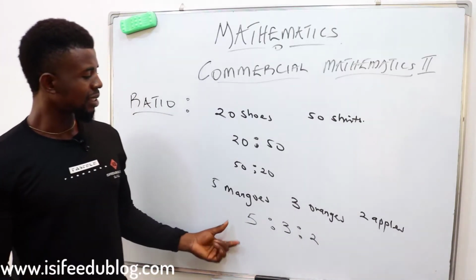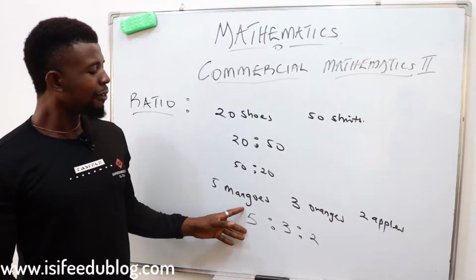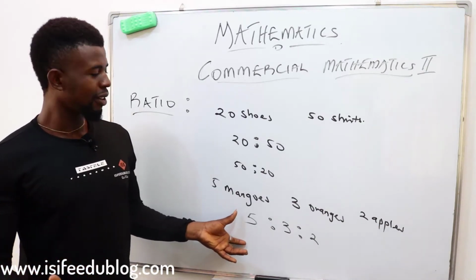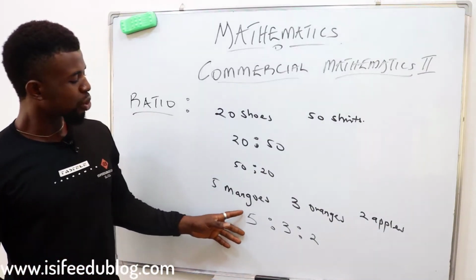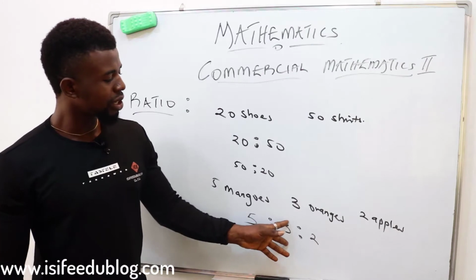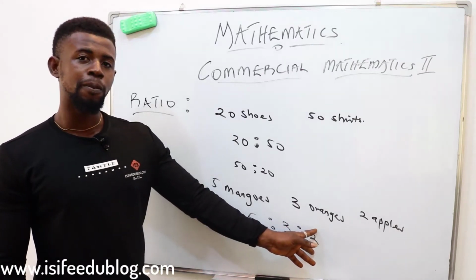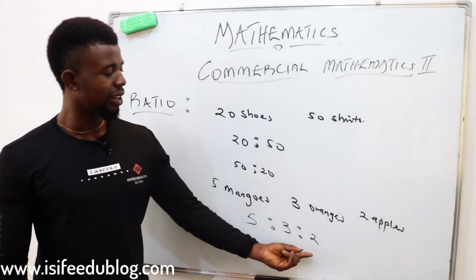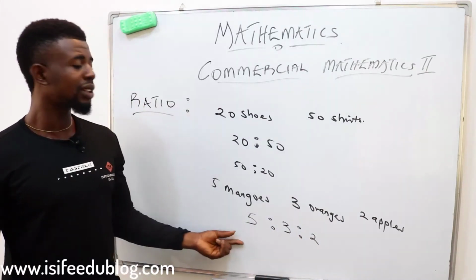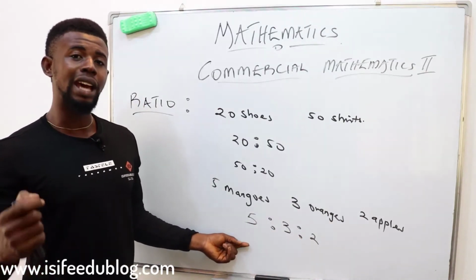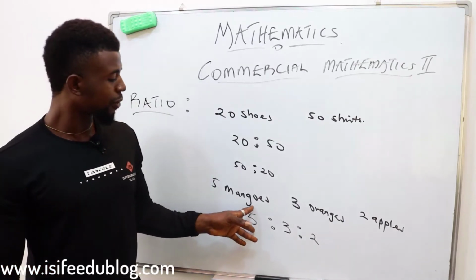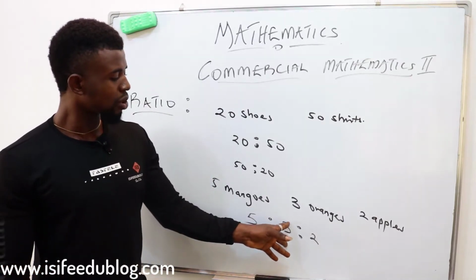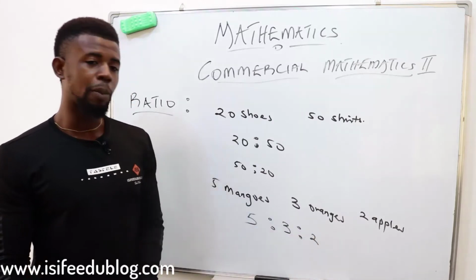This means that for every set of fruits that I have, I should have 5 mangoes, 3 oranges, and 2 apples. So 5 plus 3 plus 2 gives us 10, right? So it means that for every 10 fruits that I have, it should contain 5 mangoes, 3 oranges, and 2 apples.